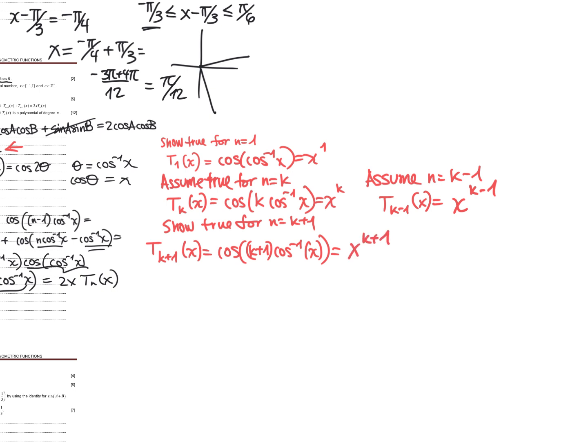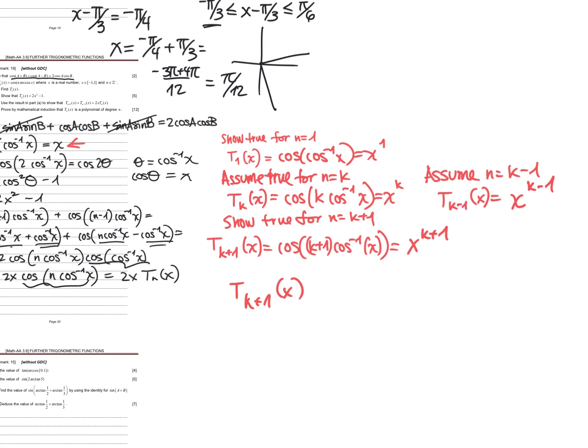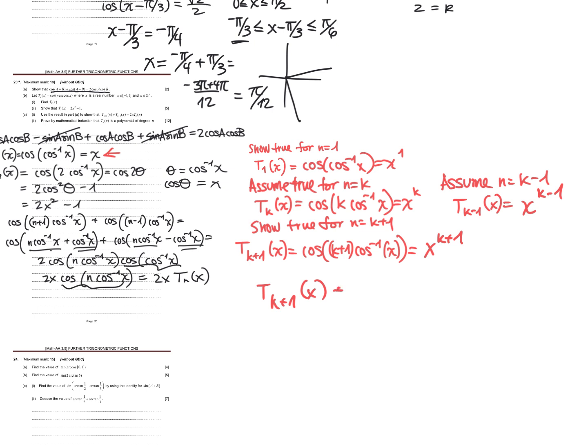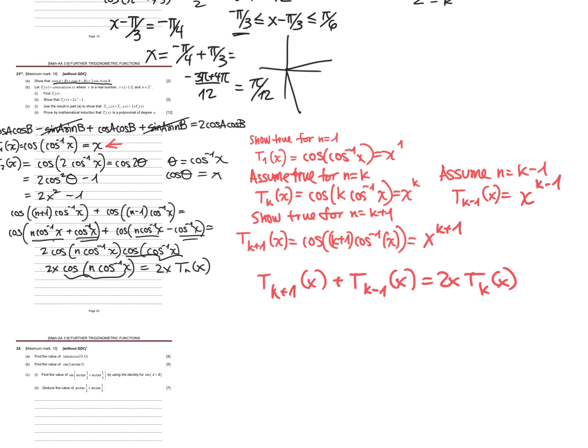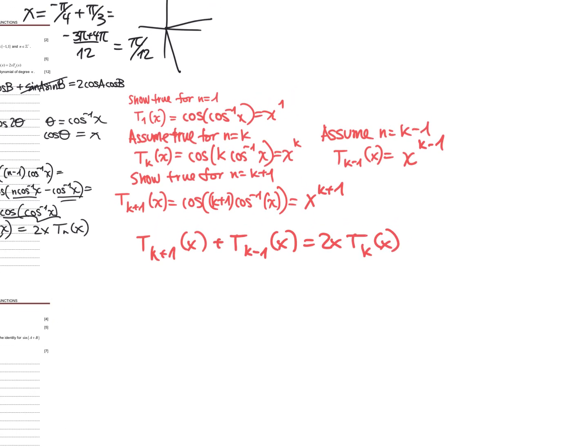So remember, T_(k+1) of x plus T_(k-1) of x is equal to 2x T_k of x. That's from C with n equals k. All right, so this one, T_(k-1), is going to be x to the k minus 1. And this one's 2x, and this is going to be x to the k.